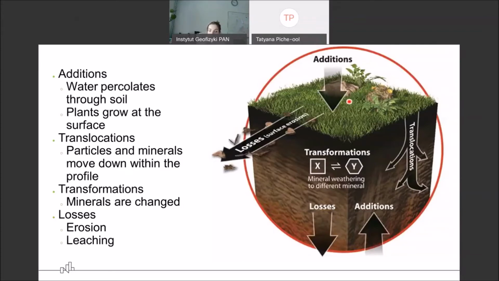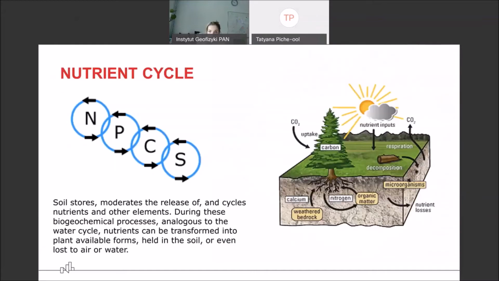Some particles move down within the profile. These are translocations. And transformations mean that some minerals may change into another mineral. So this whole bunch of processes occurs in soil.